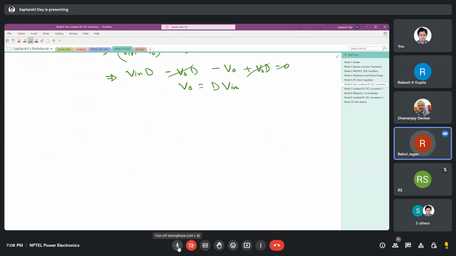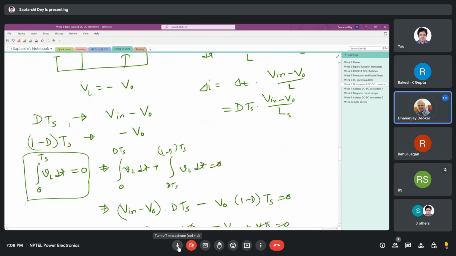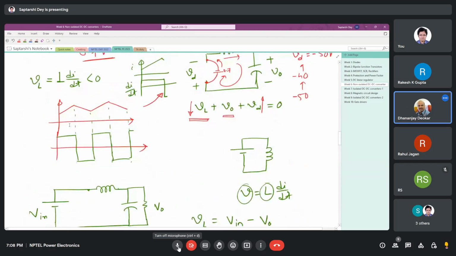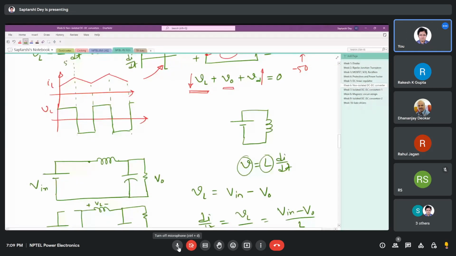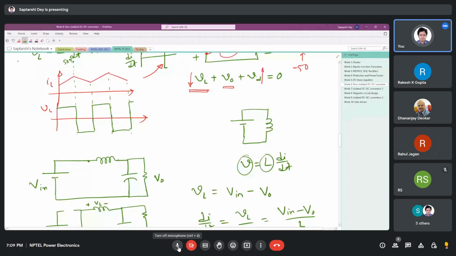So, sir, I asked that inductor current lags the voltage, but where is it in the waveform? So this is the inductor current and voltage. You can say in this fashion, let us consider 50% duty ratio.